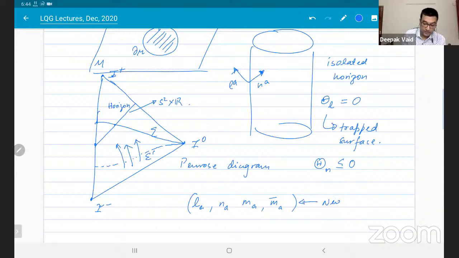This is called the Newman-Penrose tetrads. So we know what tetrads are now. But the only thing is that these are all null. So this is a null basis.